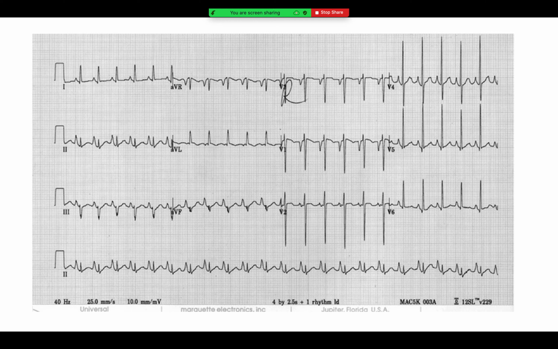How about this ECG? Are the changes similar to the one which we already spoke about?